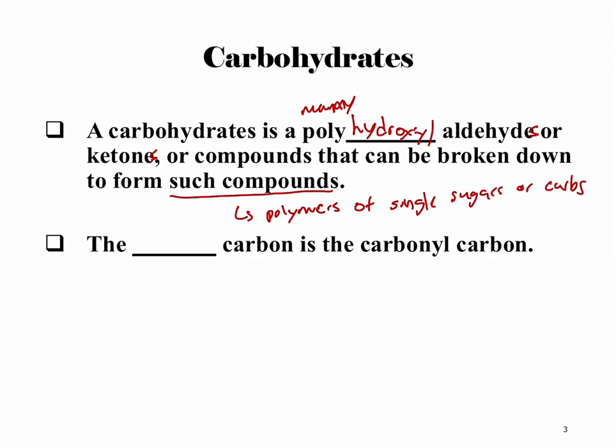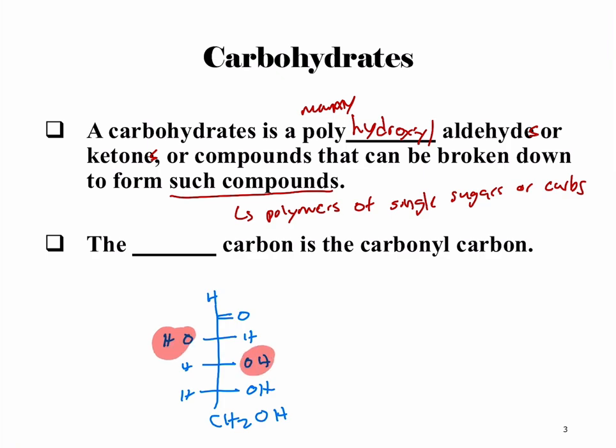And if we were to draw a picture of what a carbohydrate looks like, an example of one is represented by structures that look like this. At every spot along the carbon chain, we have a hydrogen and a hydroxyl group.